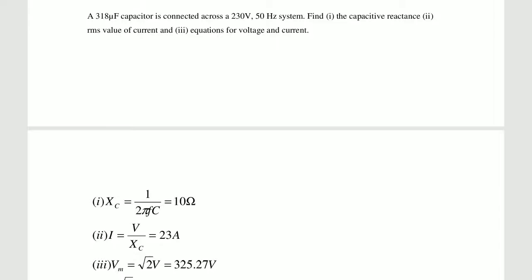Now the current is V by XC. V is in volts, XC is in ohms, and I is in amps.